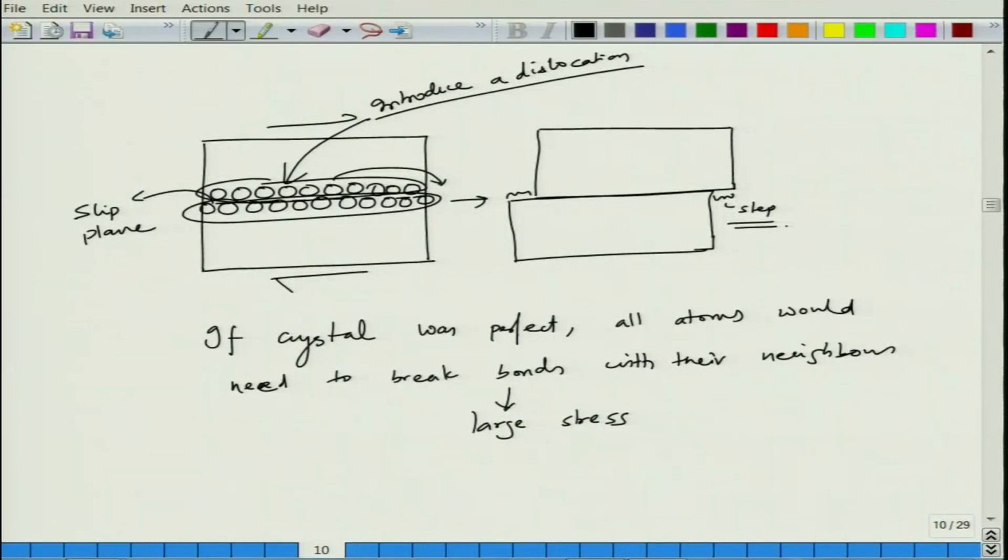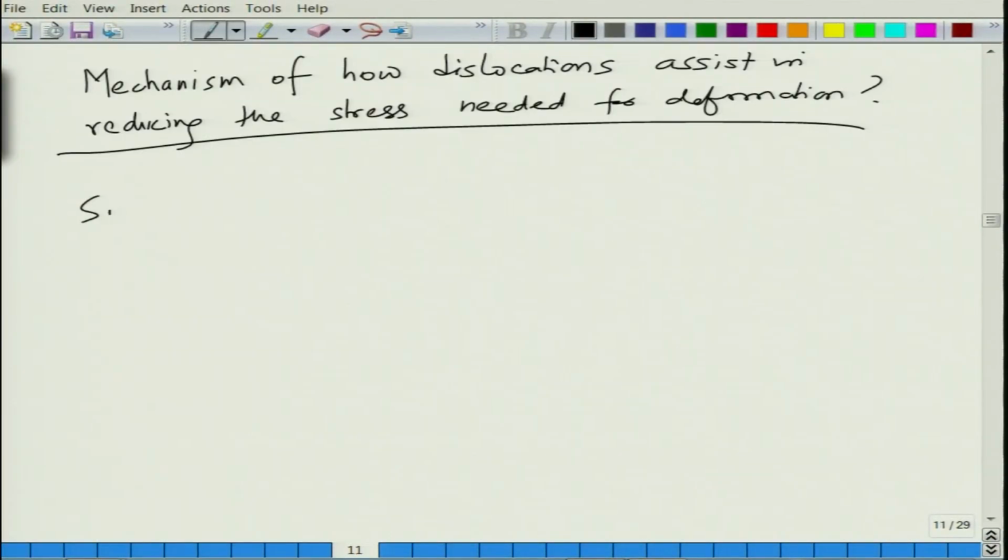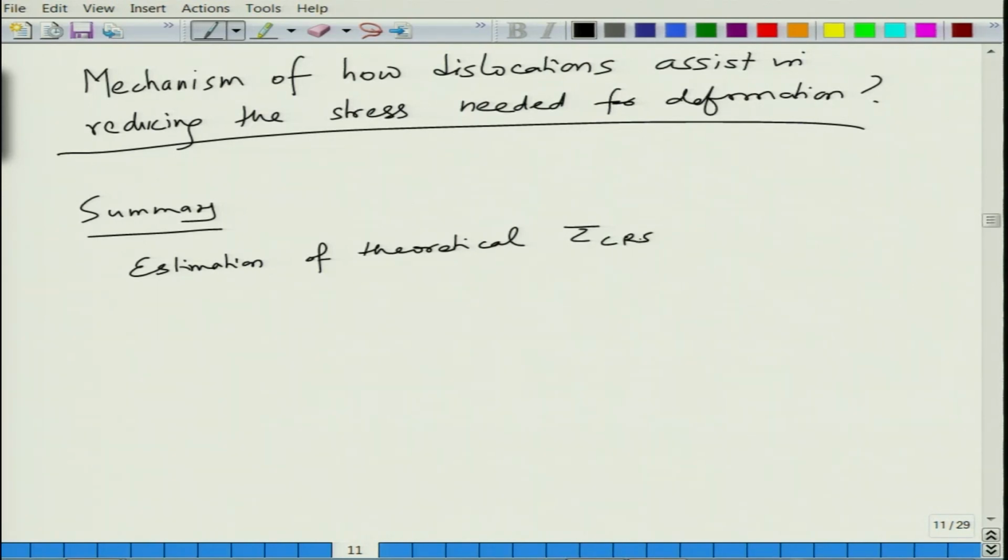So, what we have done in this class is look at the estimation of the theoretical stress that is required to deform a material, and we found that this value is exceptionally high, G divided by 2 pi.